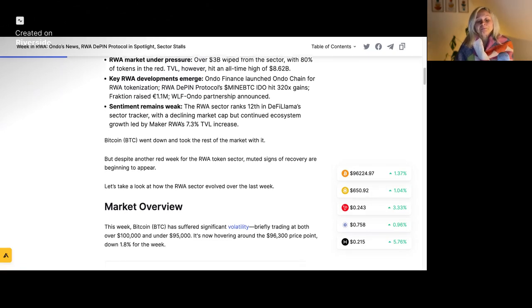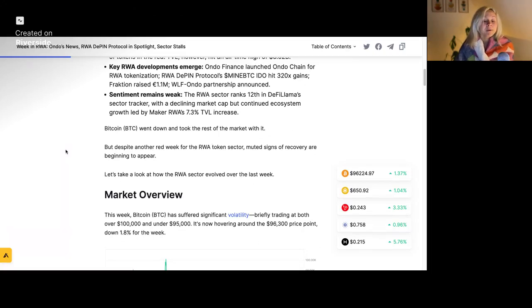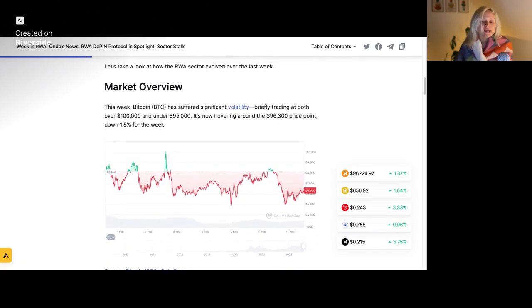Bitcoin BTC went down and took the rest of the market with it, but despite another red week for the RWA token sector, muted signs of a recovery are beginning to appear. Let's take a look at how the RWA sector evolved over the last week.